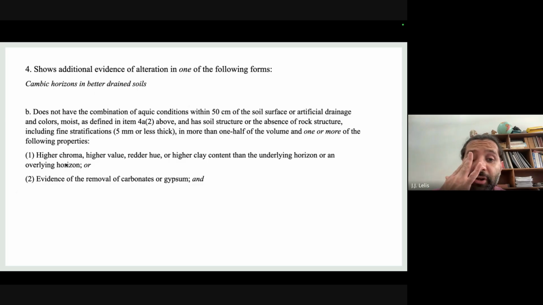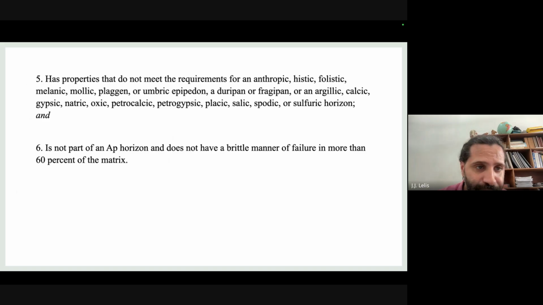So I should register a different color when I compare to an underlying horizon, and I should register an evidence of the removal of carbonates or gypsum. So if that soil is enriched in carbonates or gypsum, the horizon that I want to call a Cambic horizon should register some reduction of the content of that, destruction and removal of carbonates or gypsum.